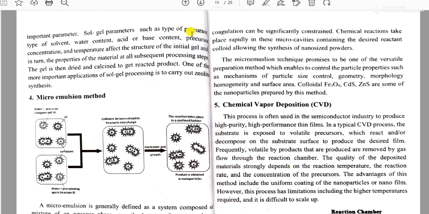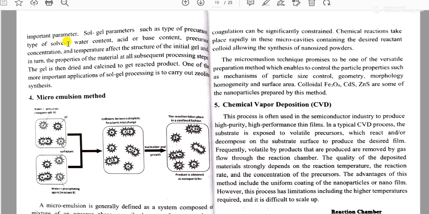Parameters such as type of precursors, the initial reagent we are using, whether it is a metal salt or a metal alkoxide, metal organic compound. Then the solvent type, whether it is an organic solvent or an aqueous medium.